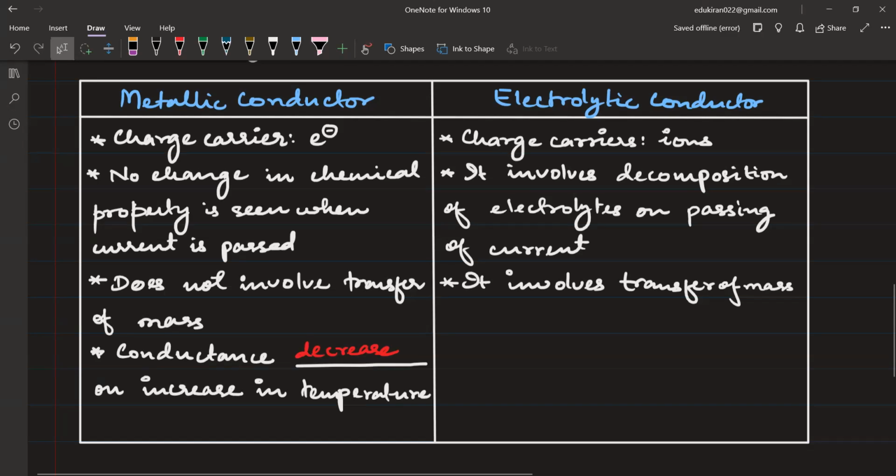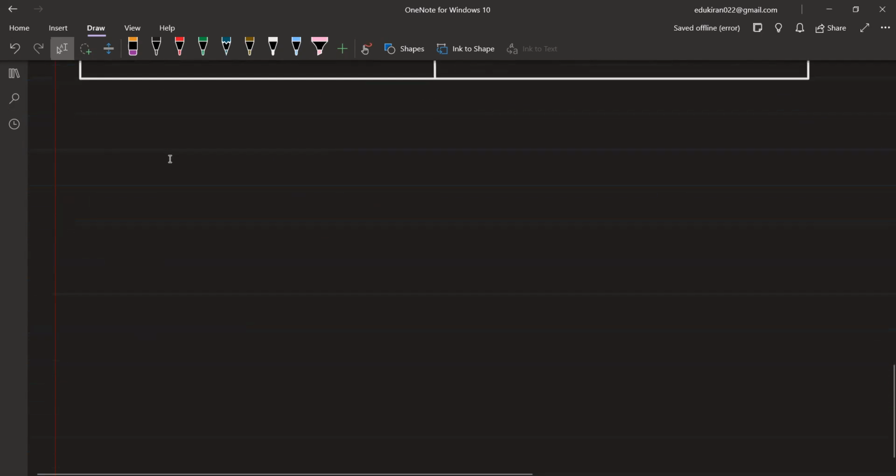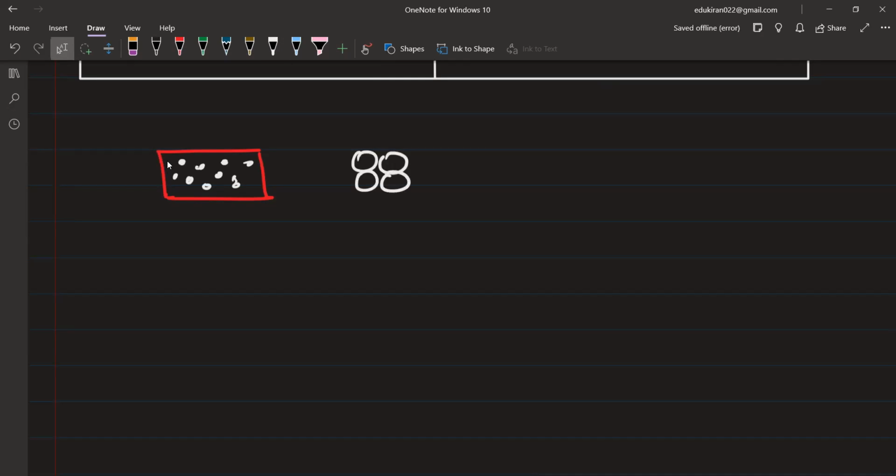Okay. So actually, when I increase the temperature, what is going to happen? There are two types of vibration happening. If I have a metallic conductor, there are electrons moving, and these big circles are the atoms of, let us say, copper. If I increase the temperature, the atoms will also start to vibrate.